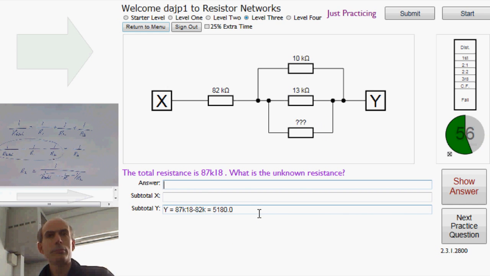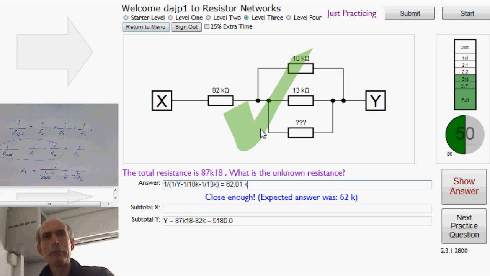And using the same technique that we talked about on level 2 with the formula used here, that would mean that the answer is 1 over the total of these three in parallel, which we've just worked out here, 5180, but we've assigned that to y, so I could just type y, minus 1 over 10k, minus 1 over 13k.